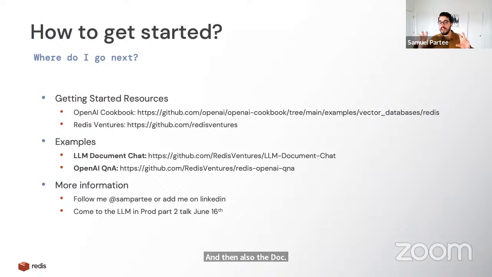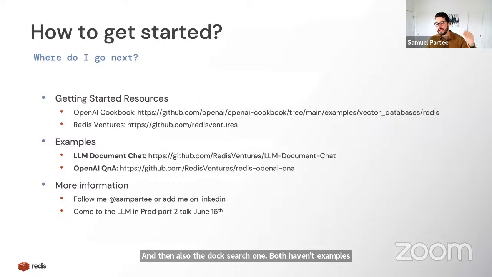Both have examples of that hybrid search where, for instance, on the arXiv search one, arXiv papers, we filter by year or by a category of the paper. And so that's going to be filtering the recall set, or excuse me, pre-filtering the recall set.